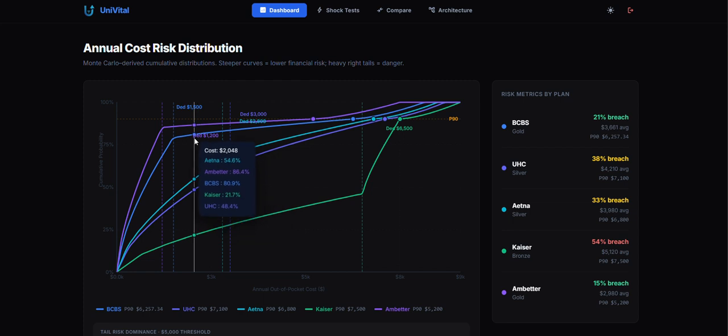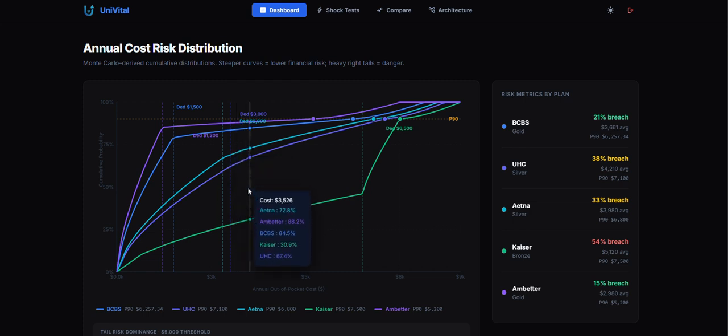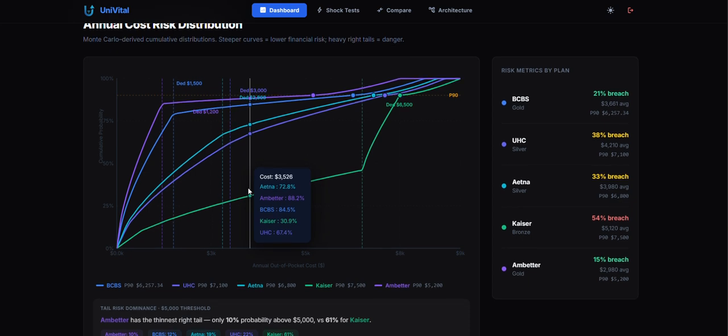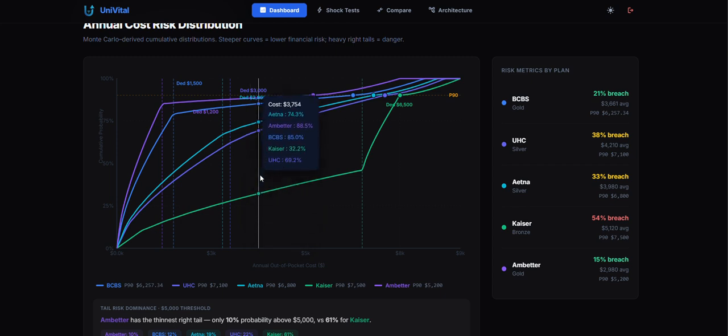These curves let students compare full risk distributions side by side. You can see which plans dominate risk, which has thinner tail exposure, and where the curves cross. With subsidies expiring, students may gravitate towards lower premiums, but those often come with higher tail risks.